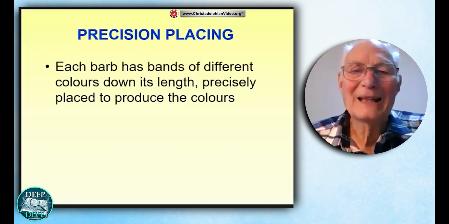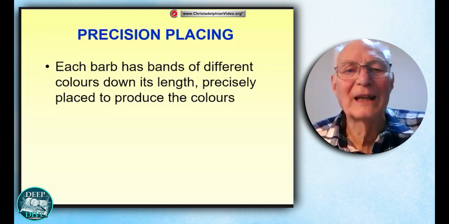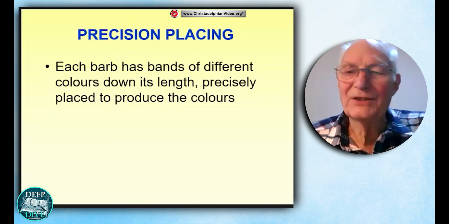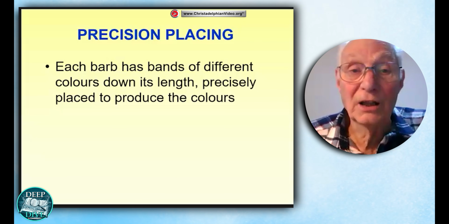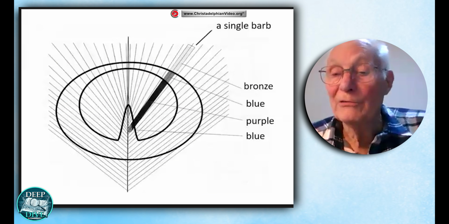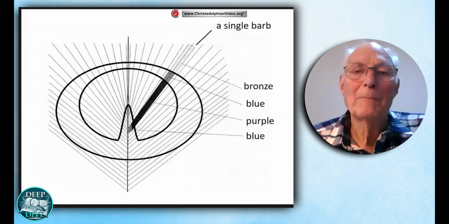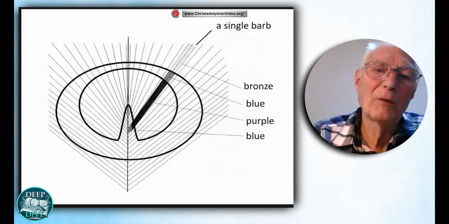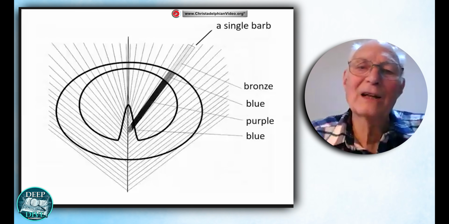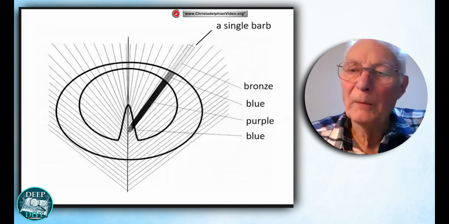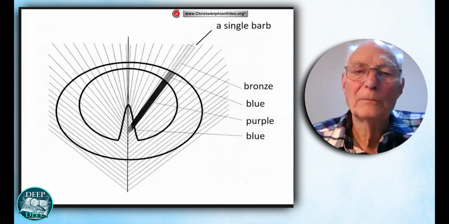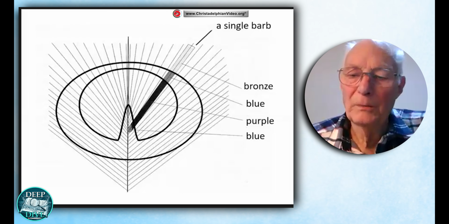Each barb has bands of different colours down its own length, precisely placed to produce the essential colour that overall creates a picture of an eye. There's another diagram. You can see if you follow a single barb from the centre upwards and at an angle, that single barb will be first of all blue, then purple, then bronze, and then back to purple again.